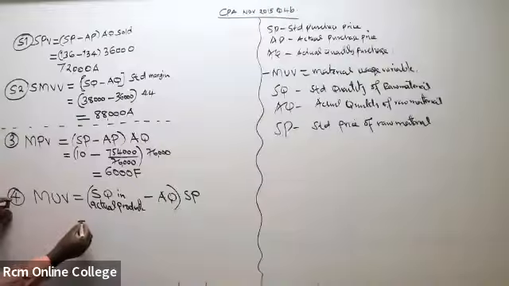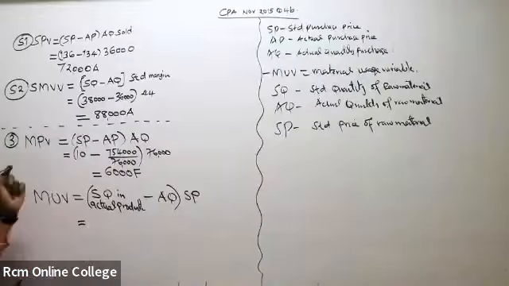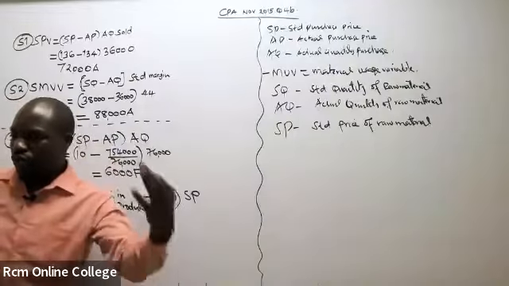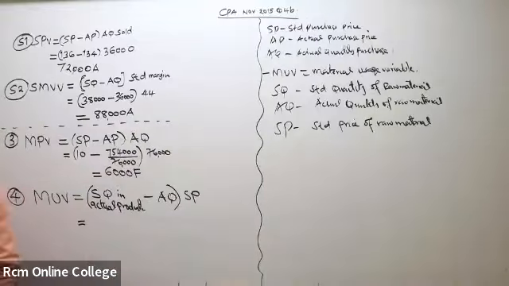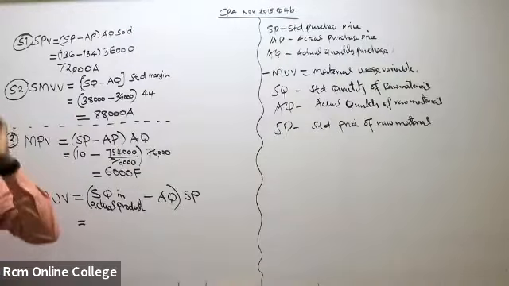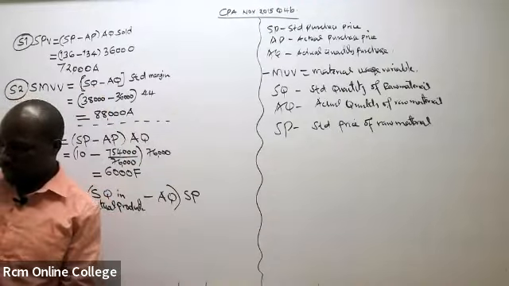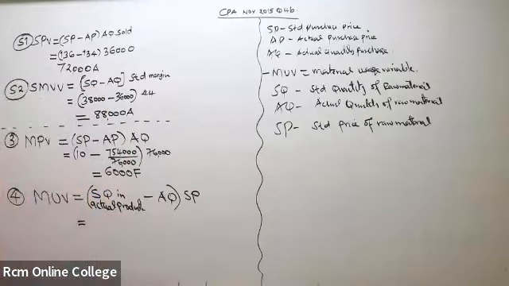Good, so let's come to this part. As per the budget, what was the standard quantity of raw material per unit of product Q? It was 2 kgs, right?